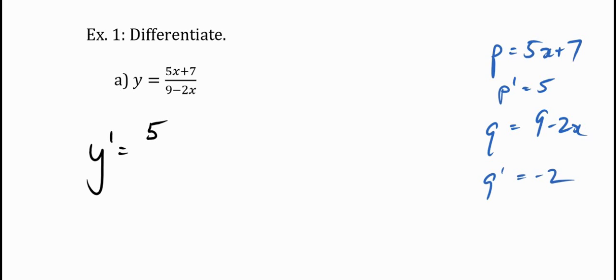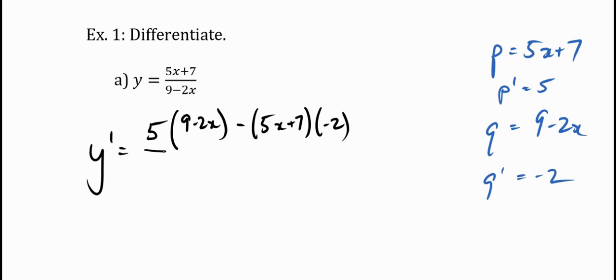Okay, derivative of the top times the bottom minus the top times the derivative of the bottom, all over the bottom squared.